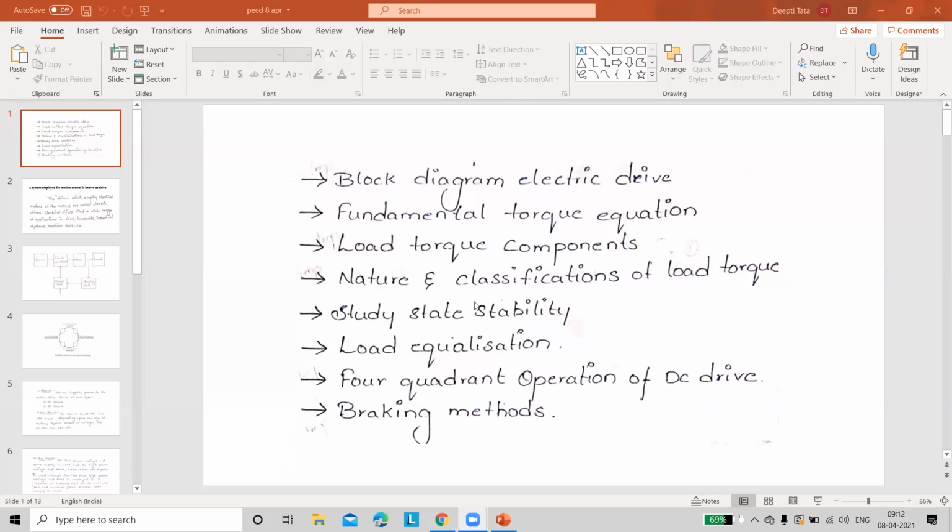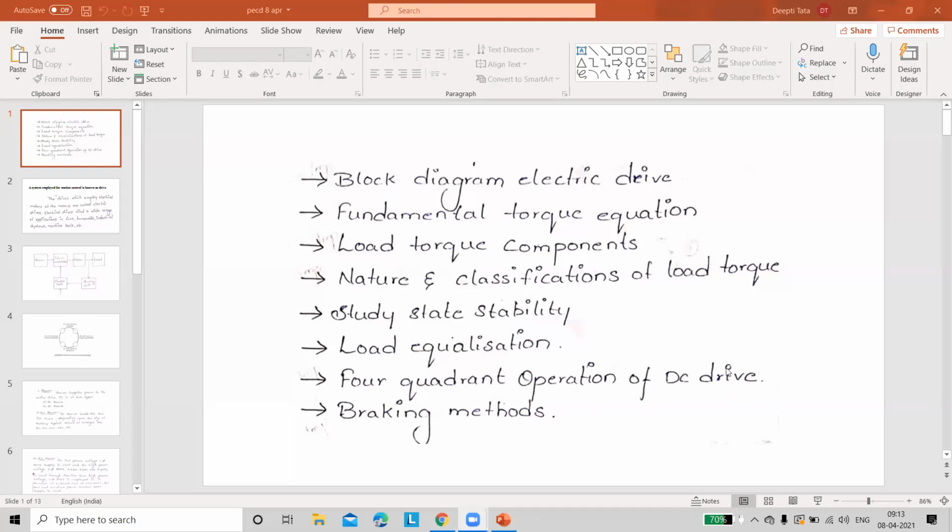The next topics are stability and load equalization, and the most important and last one is four quadrant operation of a drive. That means how a single drive or a DC drive is operated in our four quadrants: forward motoring or braking, reverse motoring or braking.